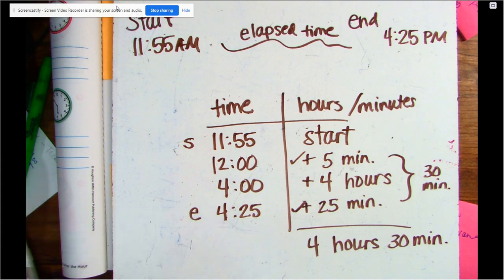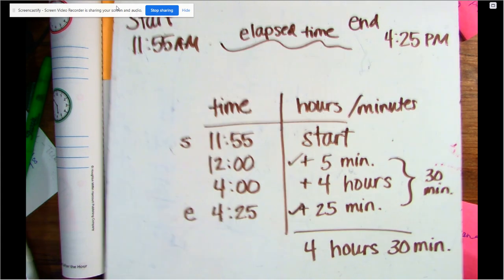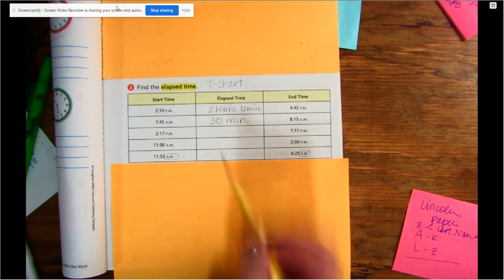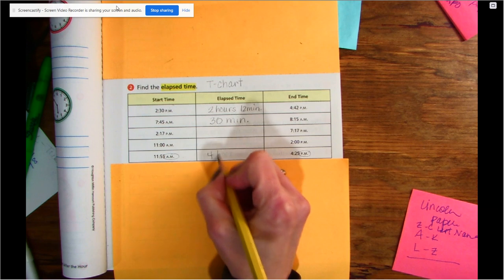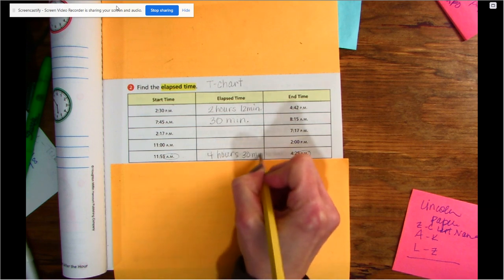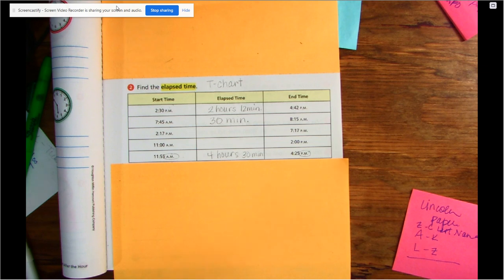Let's write down on our chart our start time and our end time. And how long was that? 4 hours, 30 minutes.